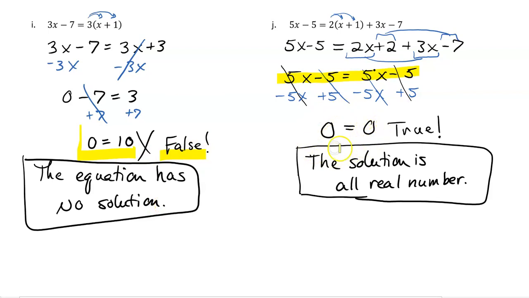But if canceling everything comes out to a true statement, everything left over is equal, then it's all real numbers as a solution. So closely related, but still very different between no solution and all real numbers as a solution set. So keep an eye out for problems like that.